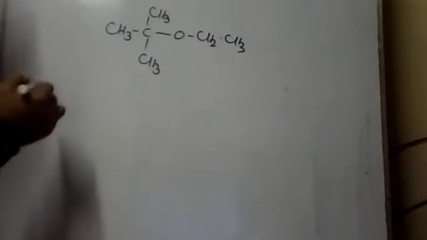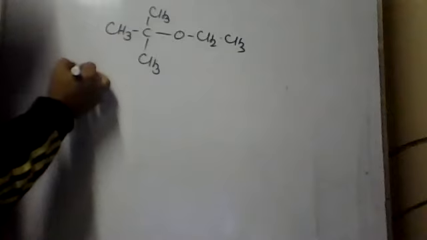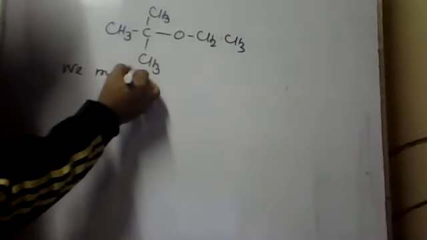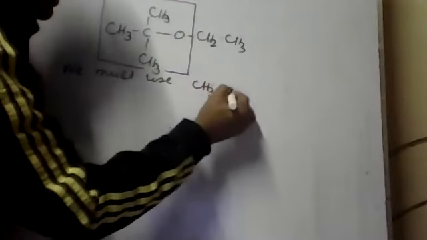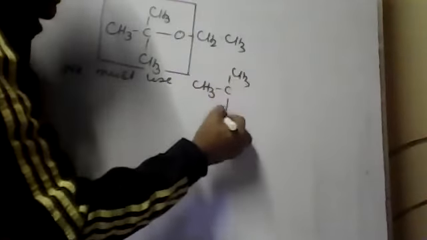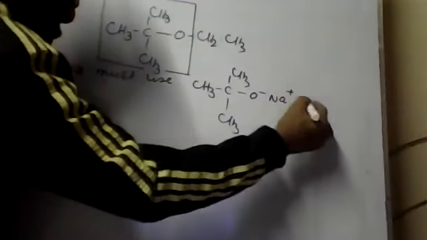You can write, to prepare this ether, we must use this alkoxide, that is sodium tertiary butoxide or potassium tertiary butoxide, and this haloalkane.